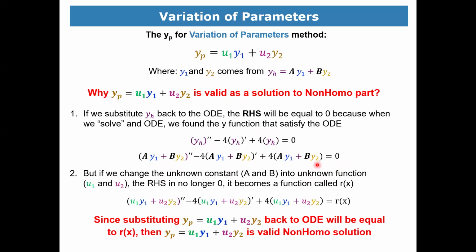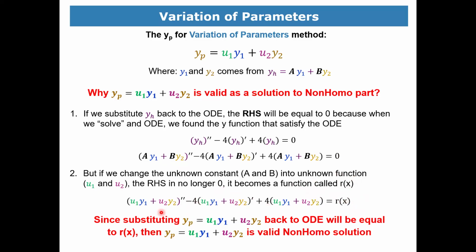Okay, but if we change the unknown constants A, B here into unknown functions, then the right hand side is no longer 0, because we already modified the constants. So it will not become 0, it will become a function called R(x).